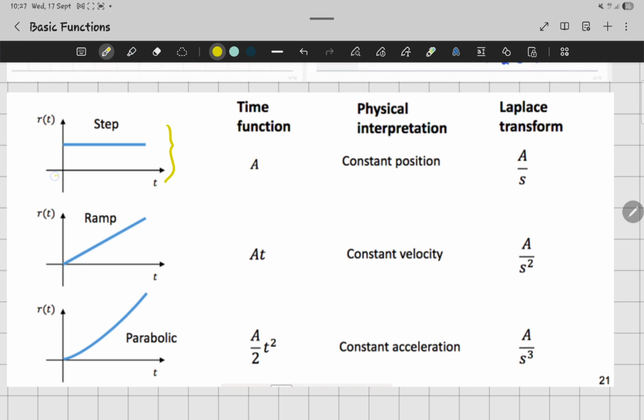It's going to start, you have 0 here, and here you get your amplitude. Okay, this is how you represent the unit step in the time domain. And if you have to represent it in Laplace or apply the Laplace transform, this is what you're gonna get.